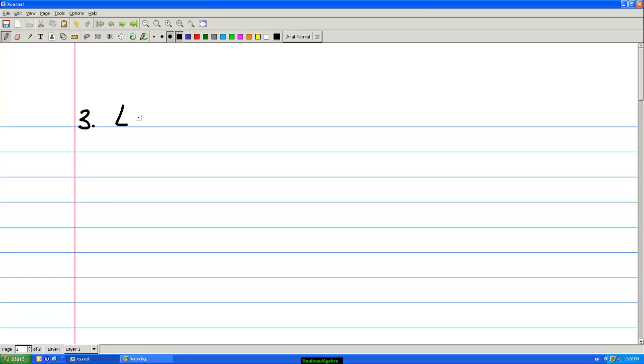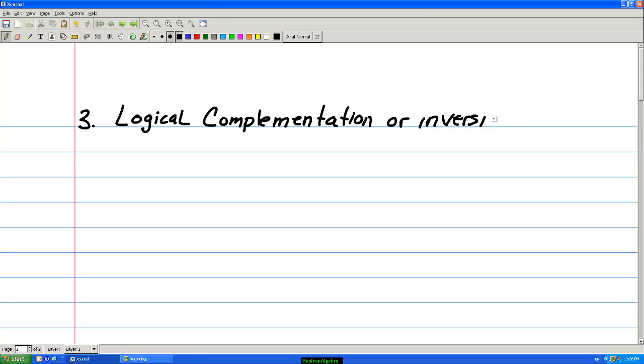Third, we have logical complementation or inversion. Also called the NOT operation.